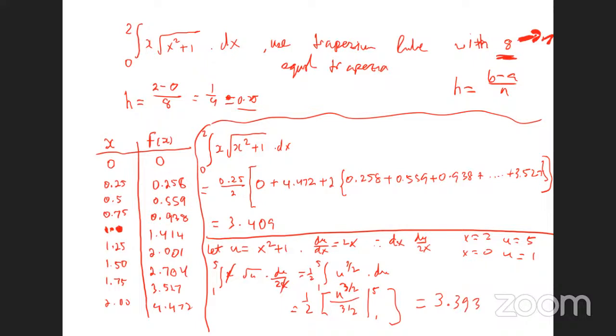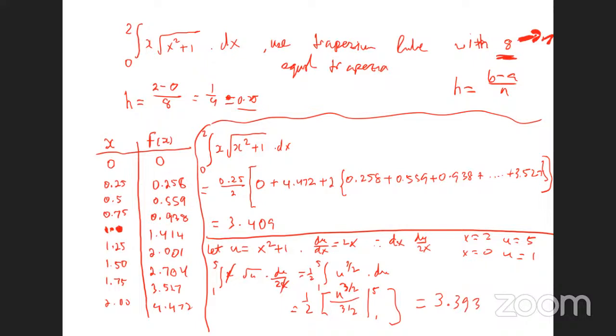Suppose the question said, instead of 8 equal trapezia, 9 subintervals. So find the approximate value using the trapezium rule, but they want you to use 9 subintervals. What do you all think that means?